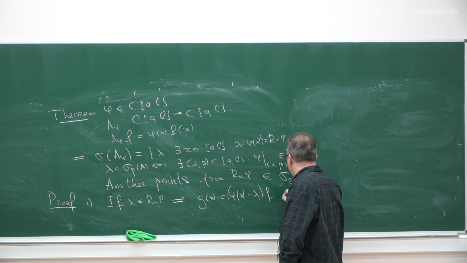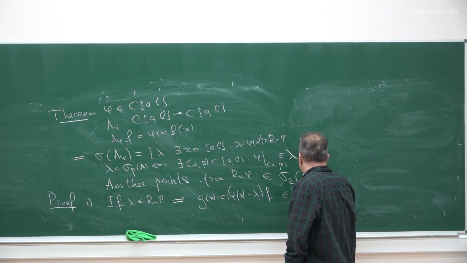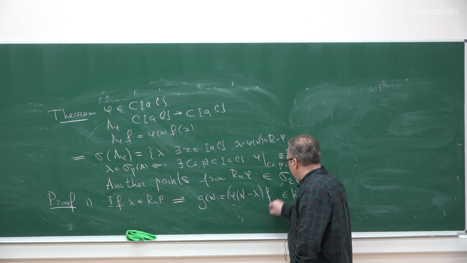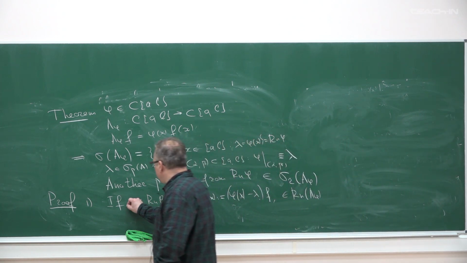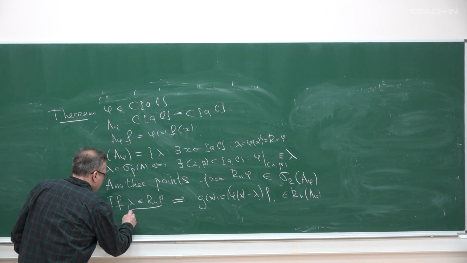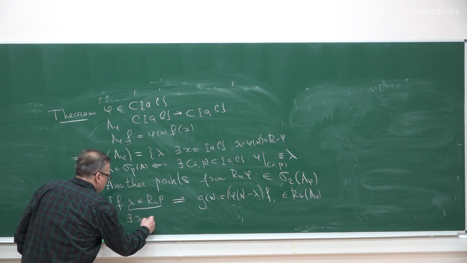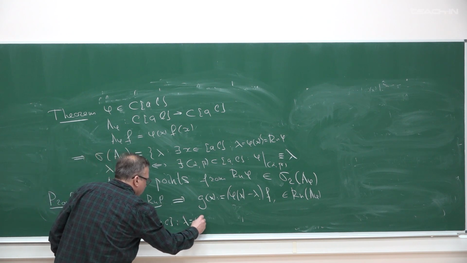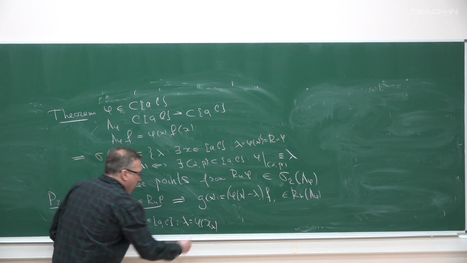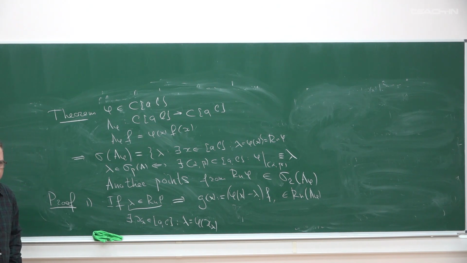It is from the range of operator A phi, yes? And by definition, what does it mean? It means there exists a point x lambda from AB such that lambda equals the value of function phi in this point, yes? It's just a definition of values of function.